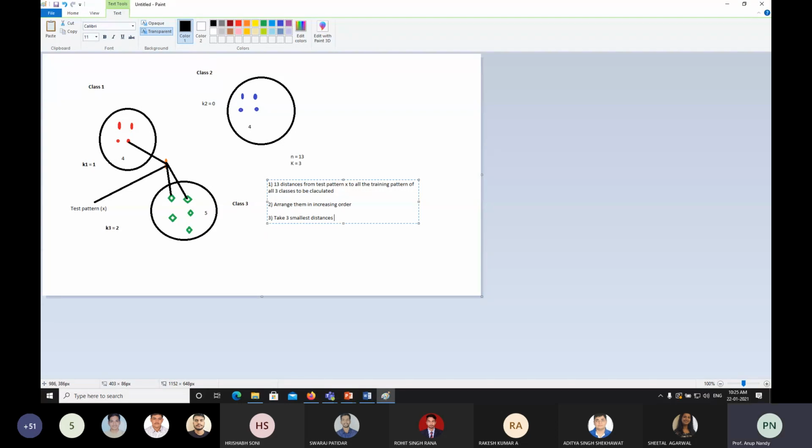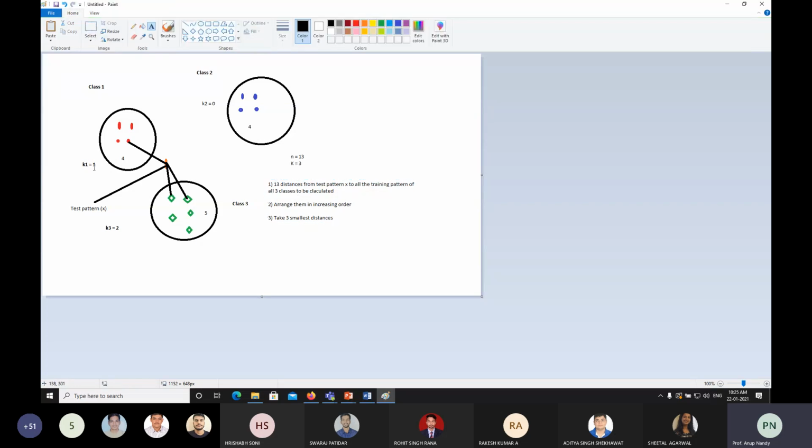Okay, as we can see, for the points in class 1 I have written k is equal to 1. Why? Because it may so happen that with k equal to 3, I have found only one representative of class 1 which is closer to this test point.